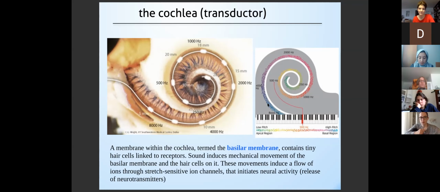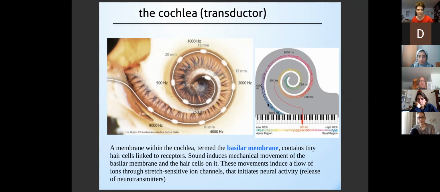This is not an action potential because there is no axon bringing information. It's a postsynaptic potential, okay? So this information about the vibration of the sound is captured by this little hair and it's transmitted to other parts of the brain that we are going to see in a moment.